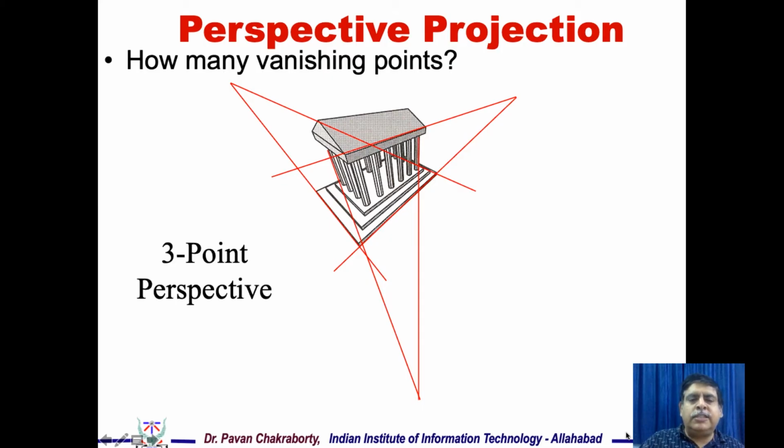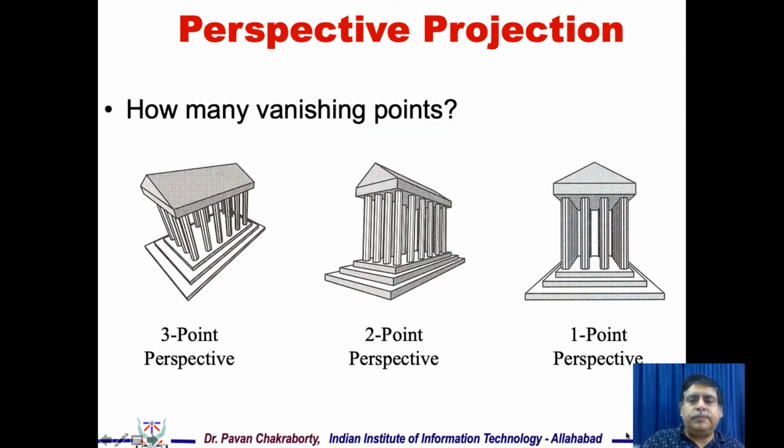So in this case, this is a 3-point perspective image where I have 3 vanishing points. Here on the right-hand side we have a 1-point perspective, 1 vanishing point, 2-point perspective, 2 vanishing points, and 3-point perspective, 3 vanishing points.